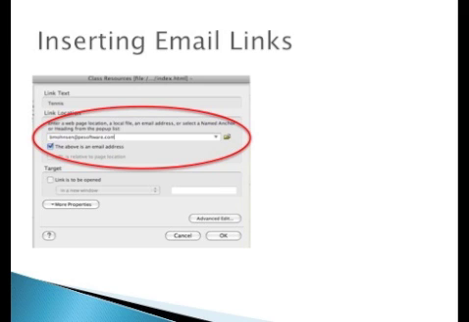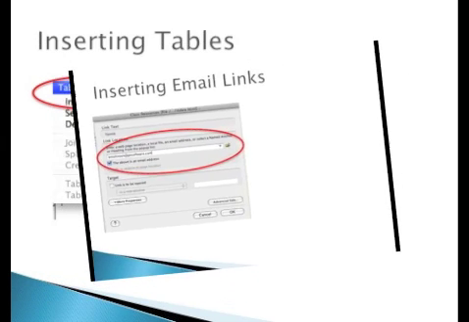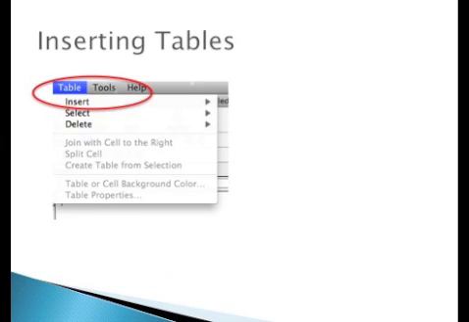And that actually changes the code. The code is different if I'm linking to an HTTP page as compared to linking to an email address. Now, when people click on this link, their mail program will automatically launch and it'll be ready to send me an email message.